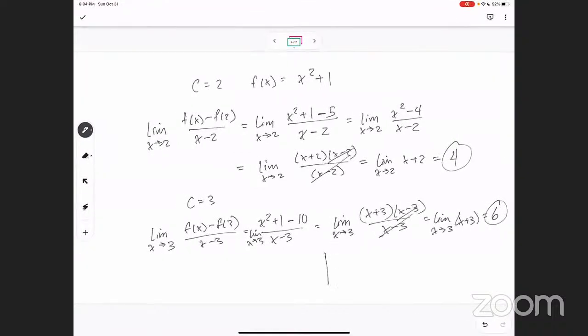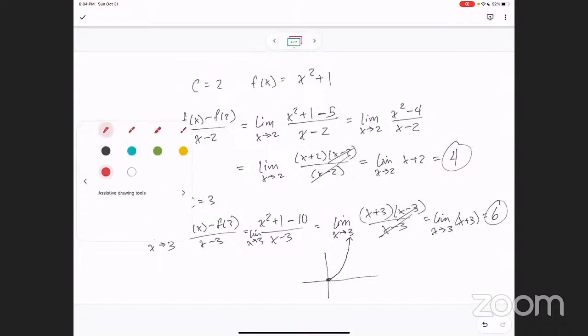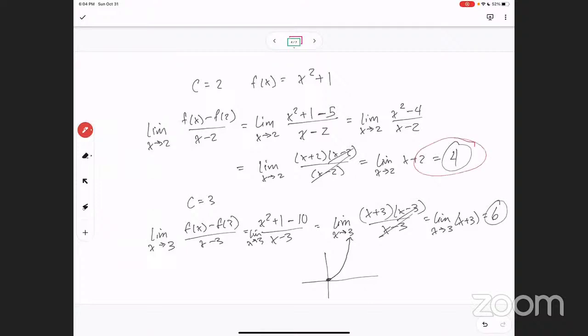You know why it's 6? Here's why. Because if you graph this limit right here, this limit is as x gets closer and closer to 2. Here's 2 right here. 1, 2. 2 is right there.